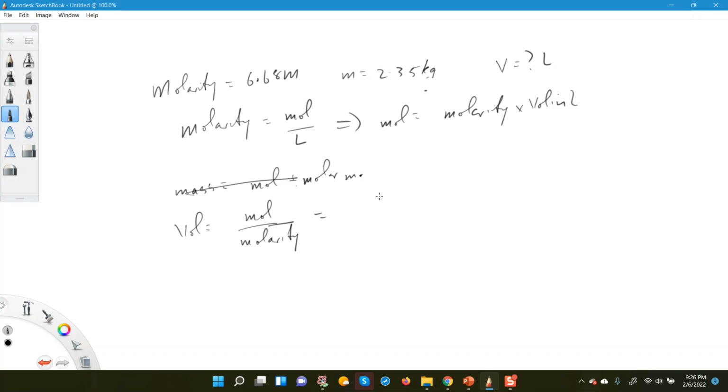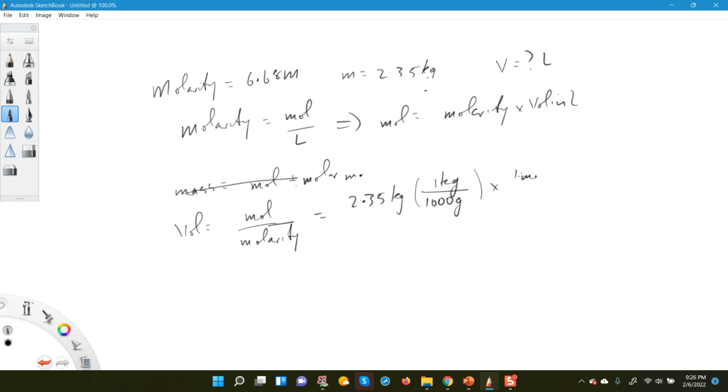Okay, so how do we get the moles? Well, we get the moles by converting the mass to moles. And of course, the mass is in kilograms. So the first thing we need to do is convert that to grams. 2.35 kilograms. So you're going to have 1 kilogram here as a numerator, 1,000 grams down here as a denominator. And then we divide by the molar mass, I'm sorry.